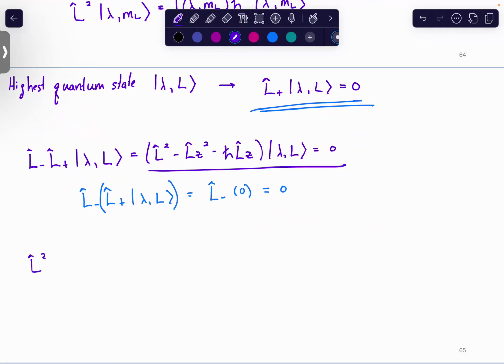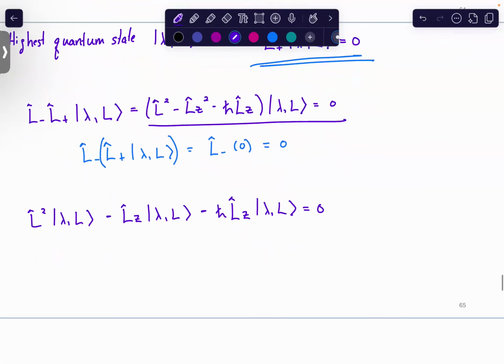That's going to give me L squared. Nope, that's supposed to have a square on the Lz. All right. So we get here.